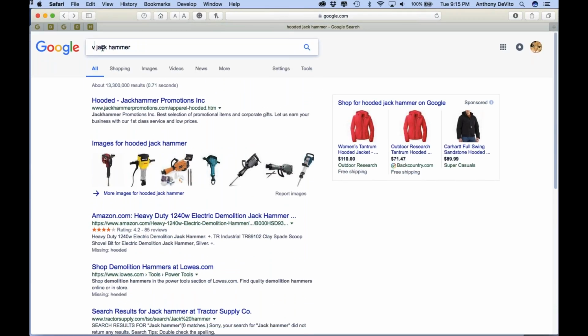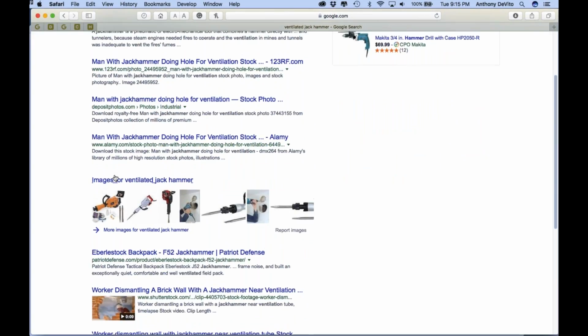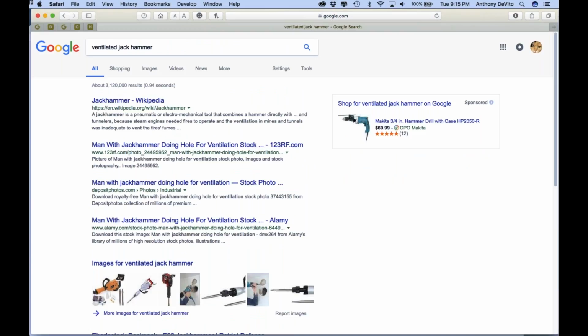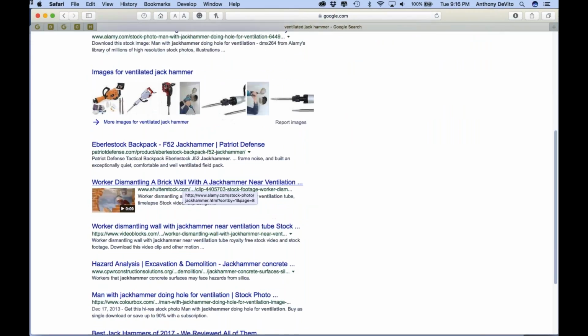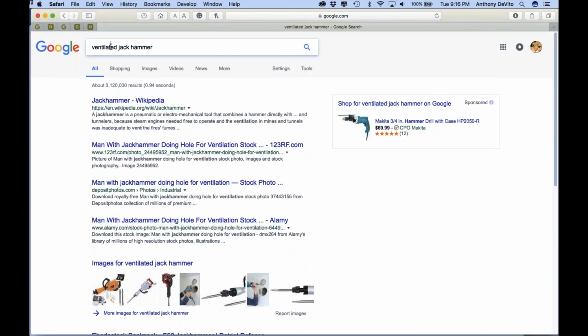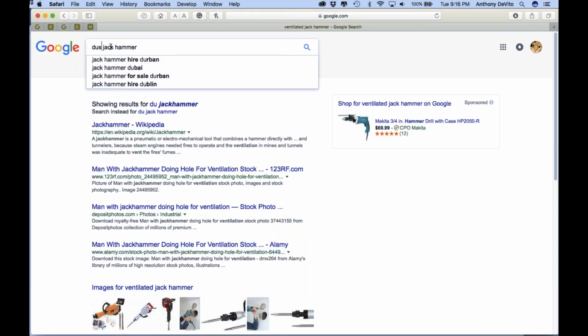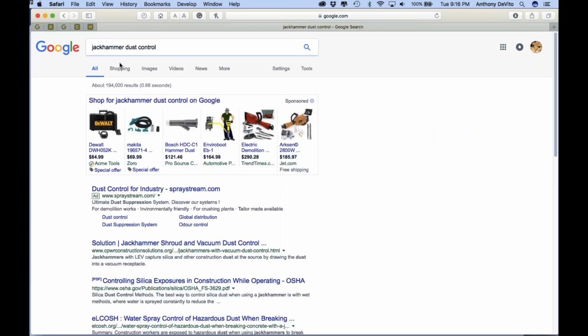How about ventilated? Jackhammer dust control.